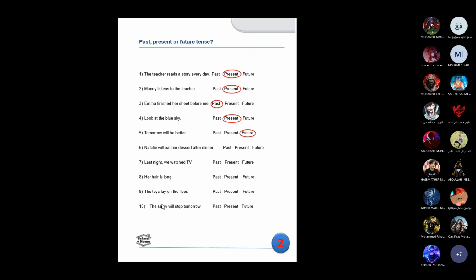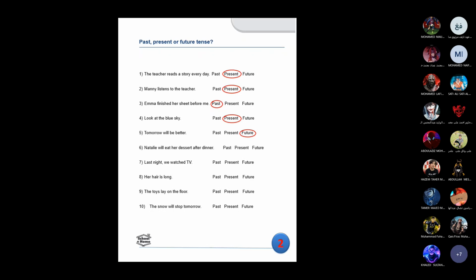After dinner, we'll eat dessert. Okay, so what is the verb?